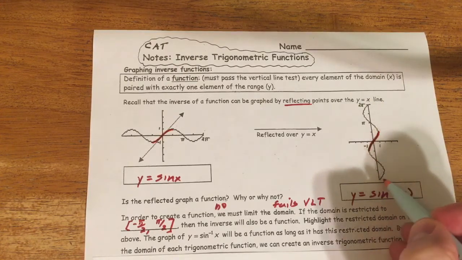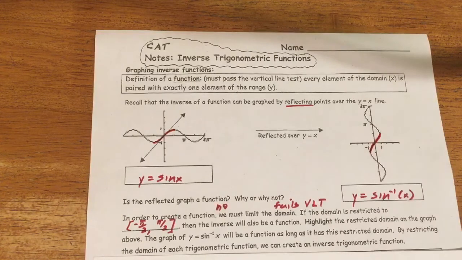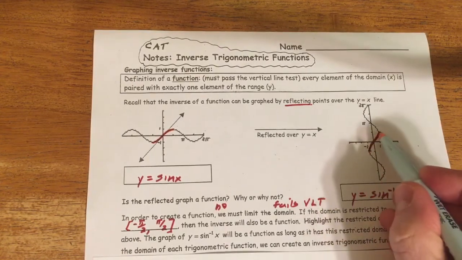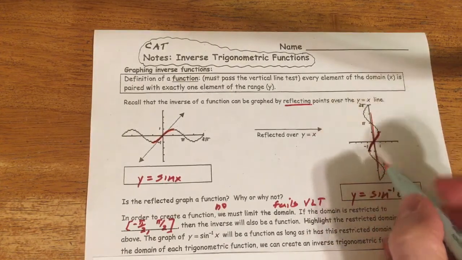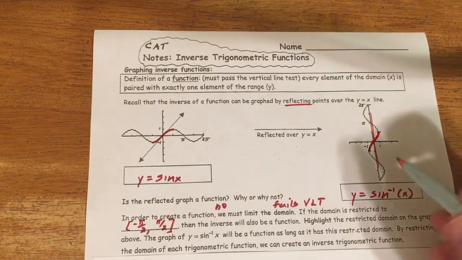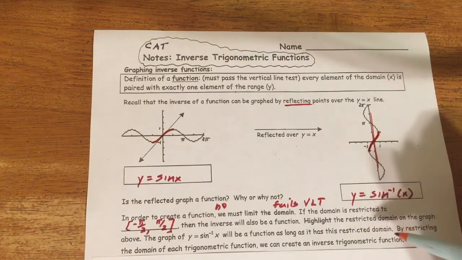Now, if we get rid of all the rest of it, so we only have it from here to here, then if we run our vertical line test, it'll only hit that little piece of the sine at one place at a time, and the reflected graph will be a function itself.